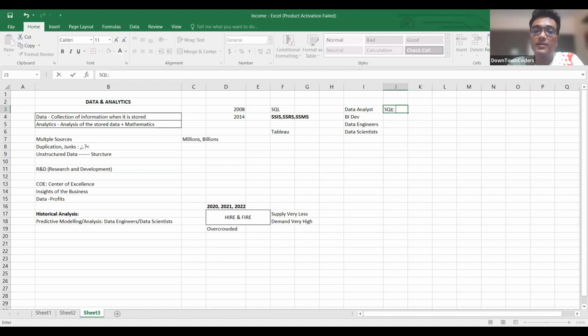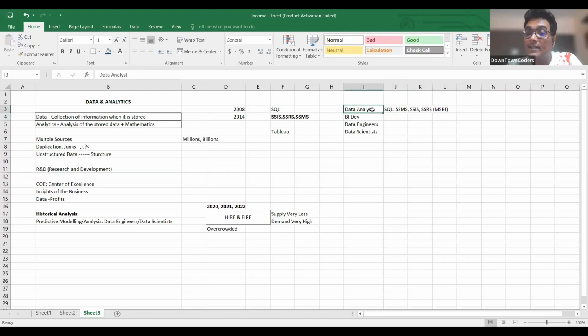So in SQL, there are multiple things like SSMS, SQL Server Management Studio, that we are going to learn, SSIS, Integration Services, and SSRS, SQL Server Reporting Services. This combination is called MSBI, Microsoft Business Intelligence.